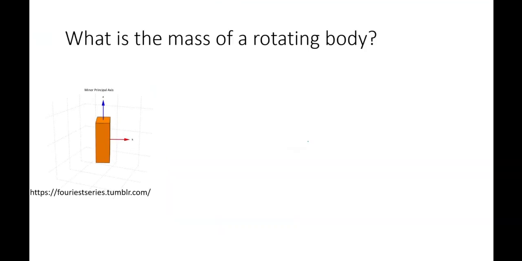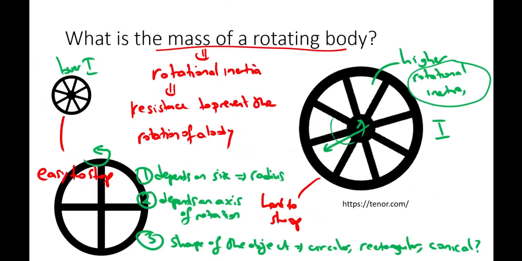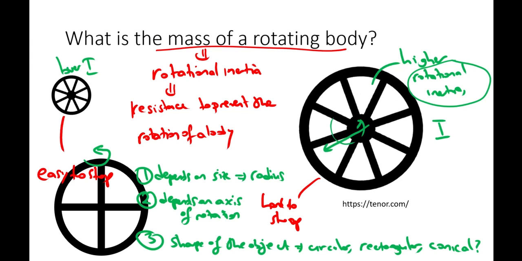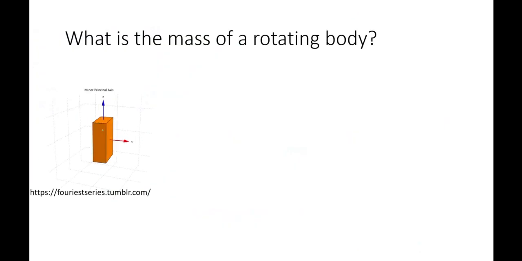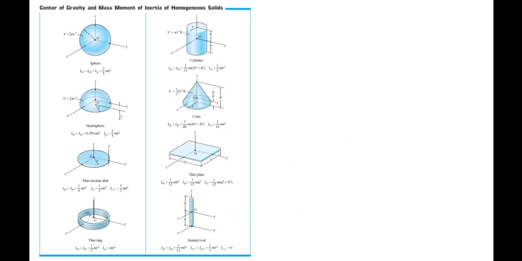As I said, the rotational inertia of the body depends on the size, axis of rotation, and the shape. This is another shape that we have. So the question comes, how to find the I value?